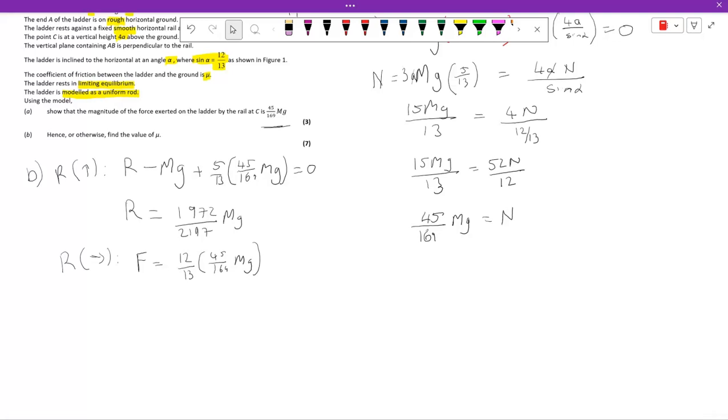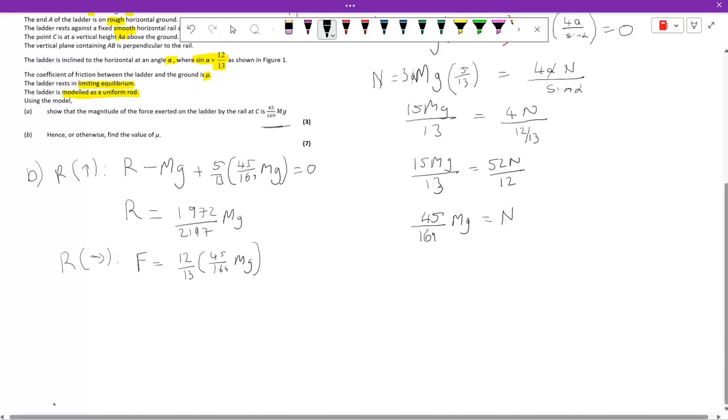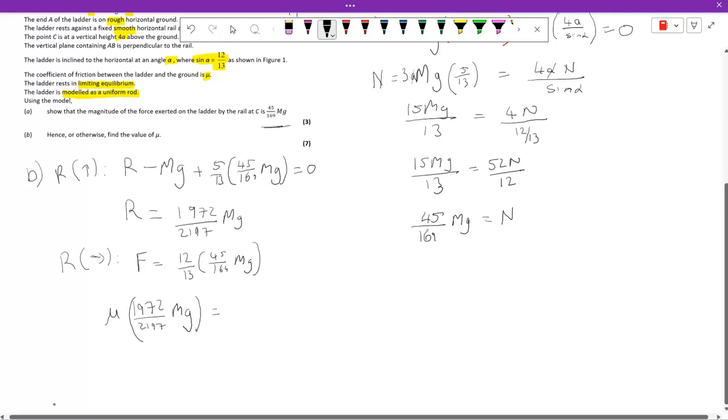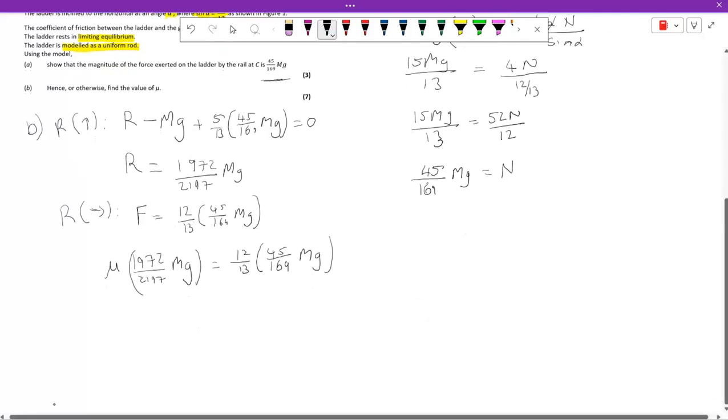And I know that F is equal to mu R, so mu times 1972 over 2197 mg equals my whole 12 over 13 times 45 over 169 mg. If you rearrange that, you get mu as 135 over 493, which is 0.274. So that's the value of mu.